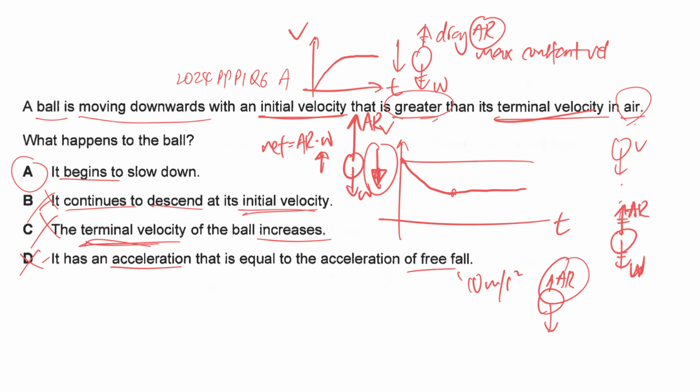That's why it causes it to decelerate, the speed will decrease, and eventually it reaches the terminal velocity. Because it's slowing down, the air resistance will reduce until the weight is equal and opposite to the air resistance. Net force is 0, so from then onwards you'll fall at a constant speed, the terminal velocity. I hope you understand the question now. Thank you.